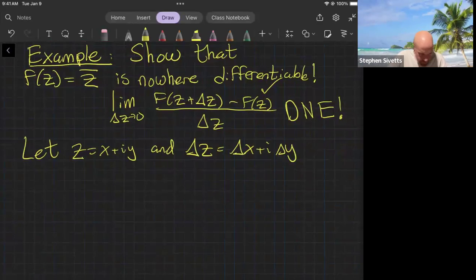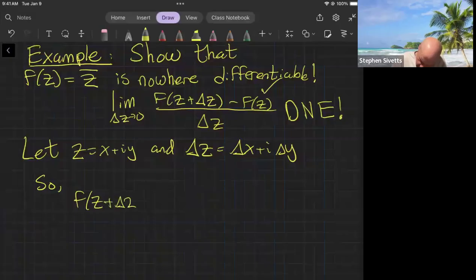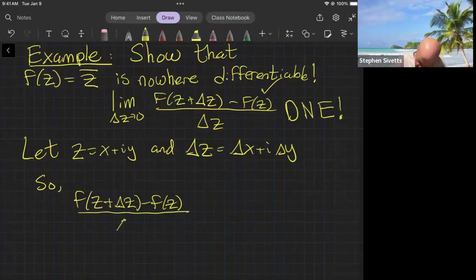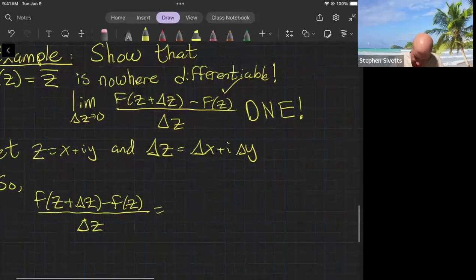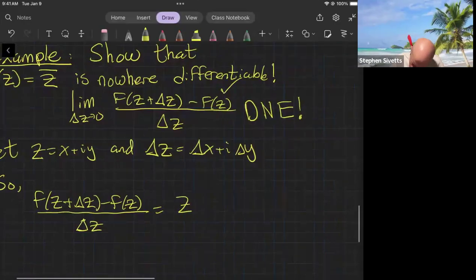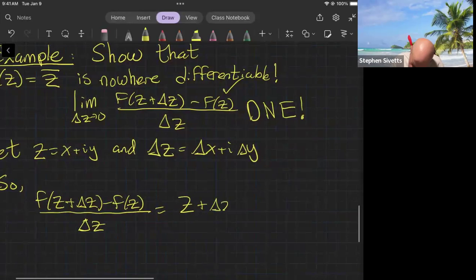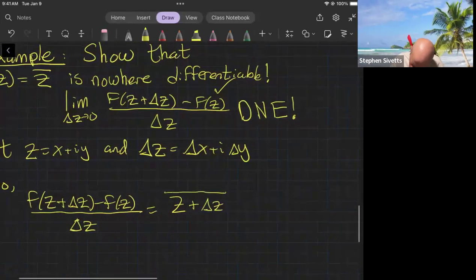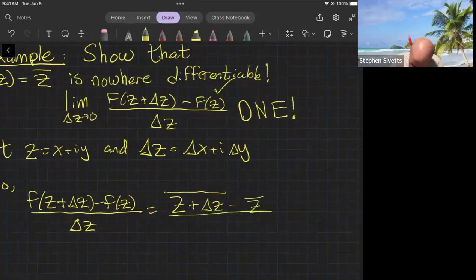Okay, so this quantity inside this limit would equal (z plus delta z) conjugate minus z conjugate, divided by delta z, right?